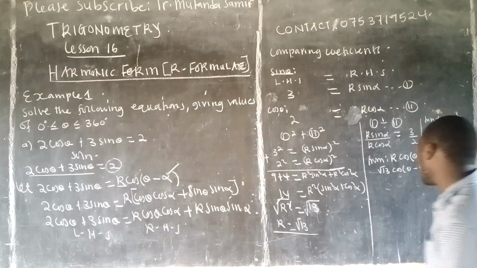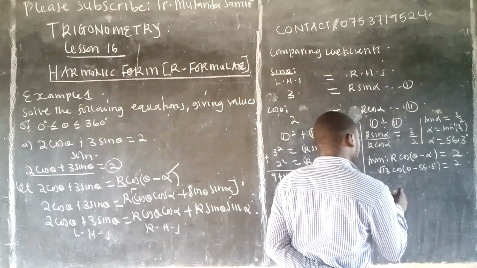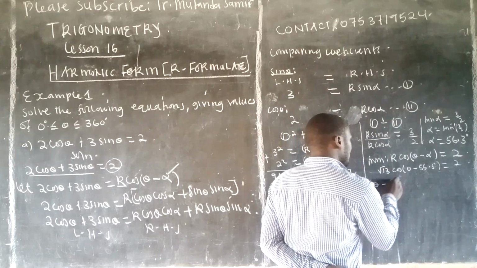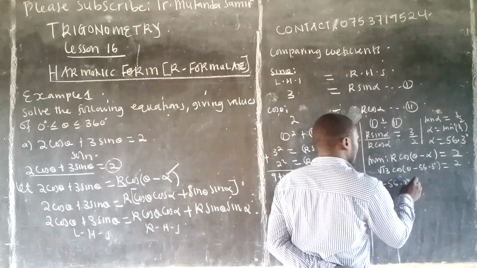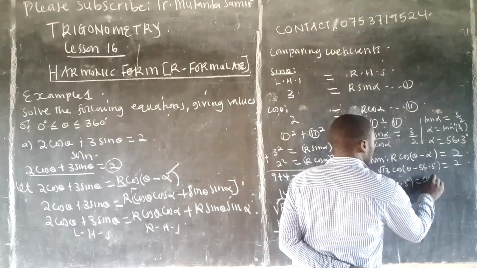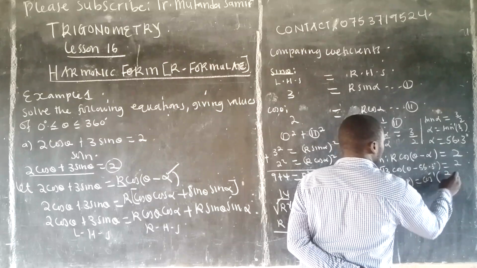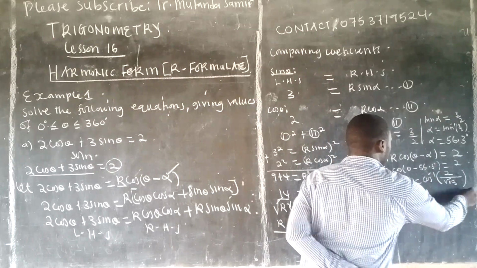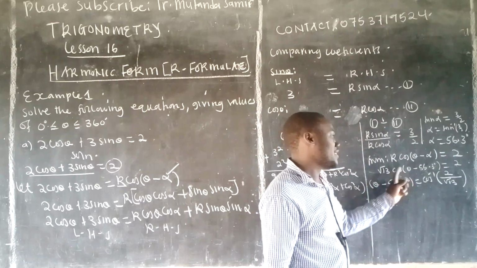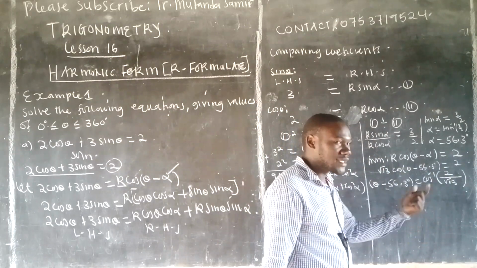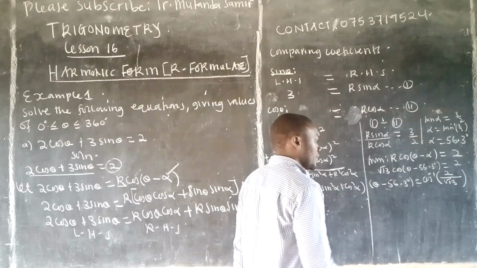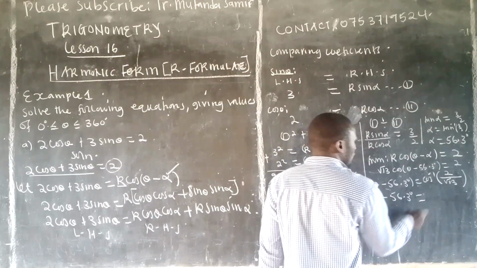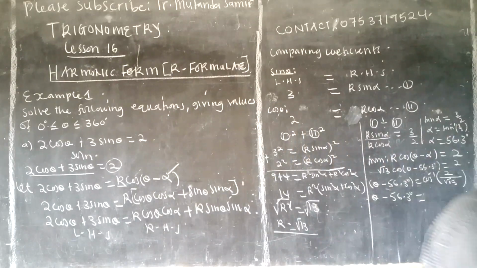Now here, let's go about getting the angles. So this will be theta minus 56.3 is equal to cos inverse of 2 over root 13. I've done it straight away because here I was meant to divide both sides by root 13. After that, I get the inverse, but I've done it just in one step. Hope you understand that. So theta minus 56.3 degrees will be equal to cos inverse of 2 over root 13.